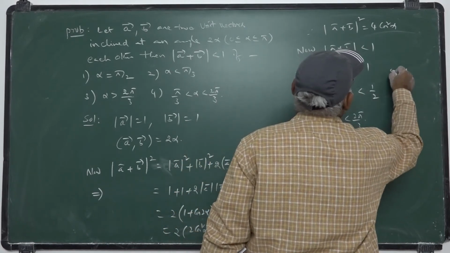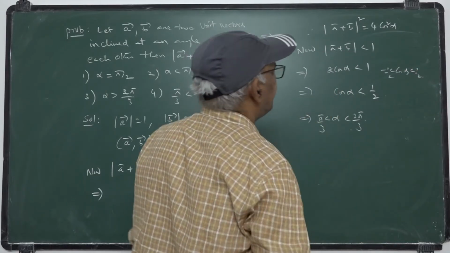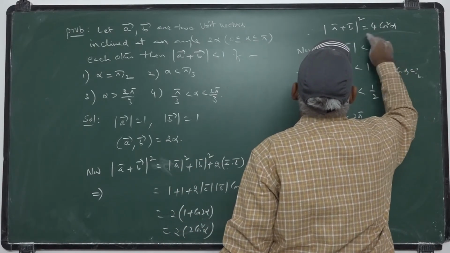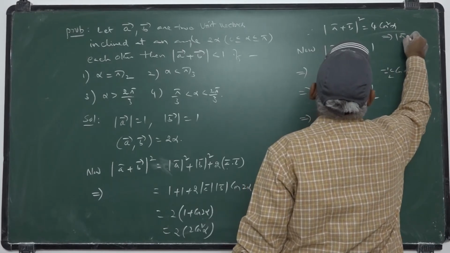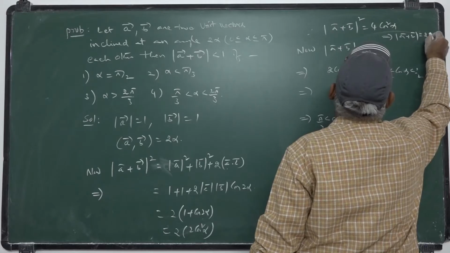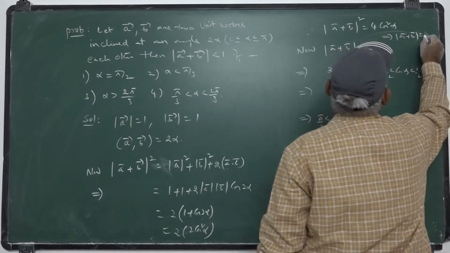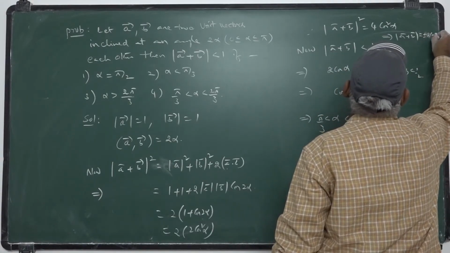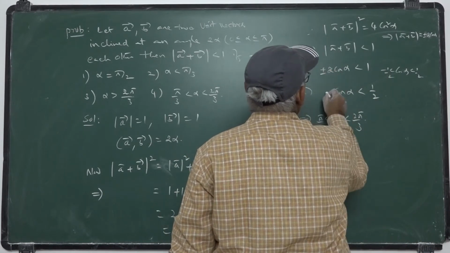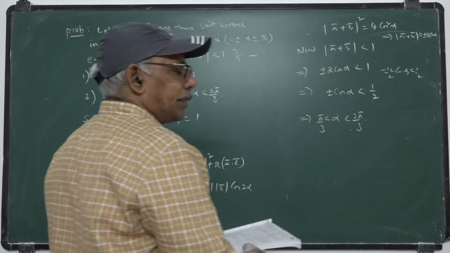Hence, cos alpha lies between minus half and plus half, which gives alpha between pi by 3 and 2 pi by 3.